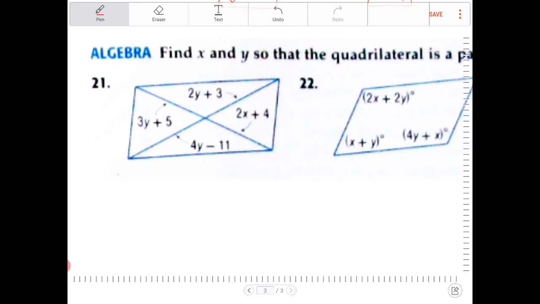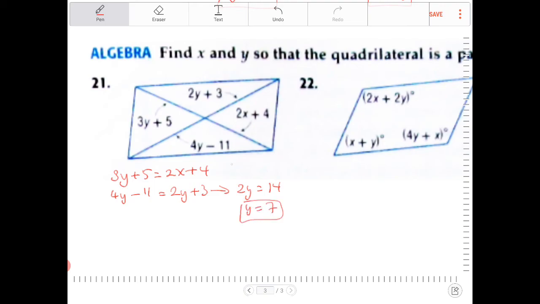So 3y plus 5 is equal to 2x plus 4. And 4y minus 11 is equal to 2y plus 3. I want to solve for y here. Subtract 2y and add 11. I end up with 2y is equal to 14. Divide by 2, y is equal to 7.